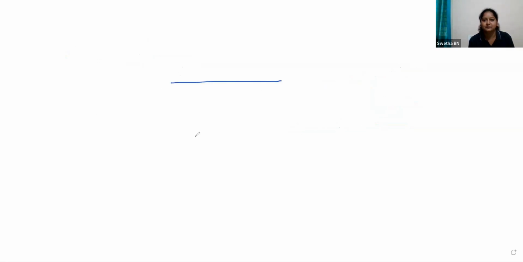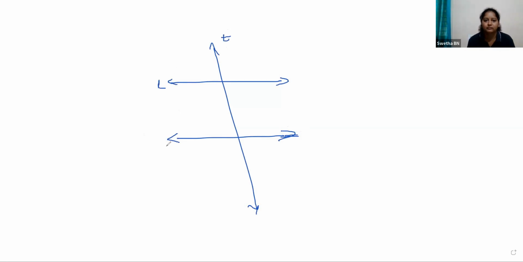Next. See, this is a transversal. A transversal is cutting the parallel lines at 2 points.